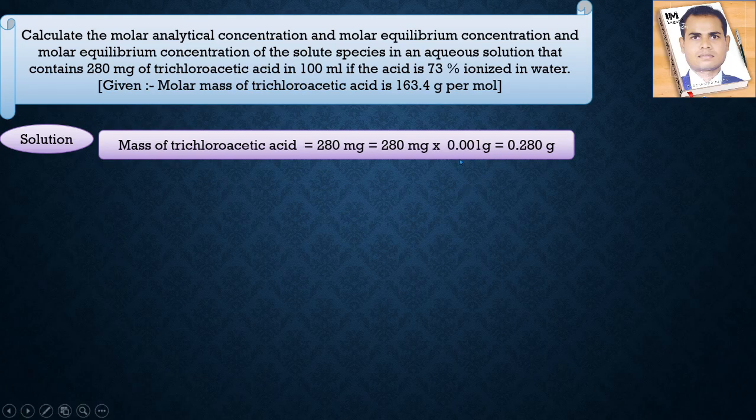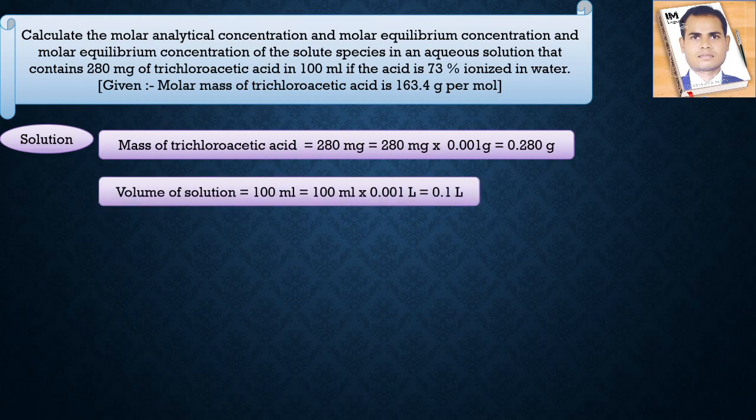So the conversion of milligram into gram gives you 0.280 gram. And next, the volume of the solution.